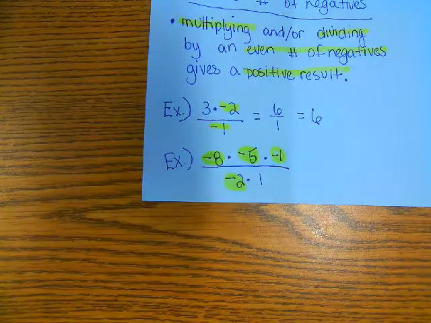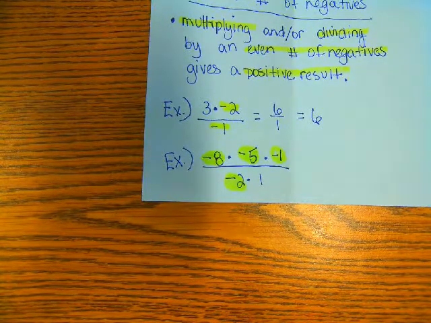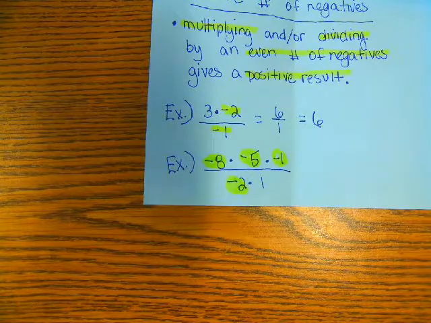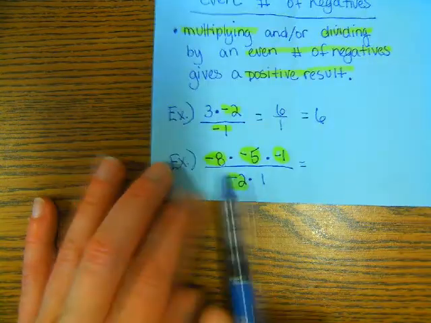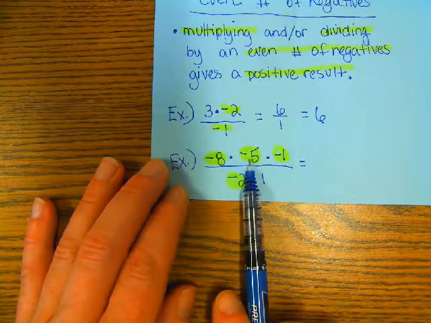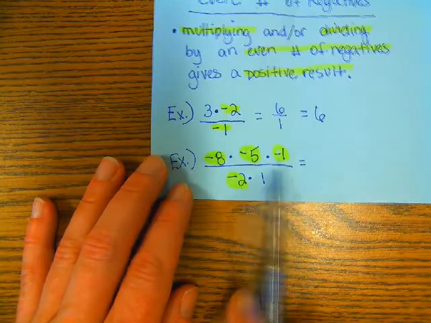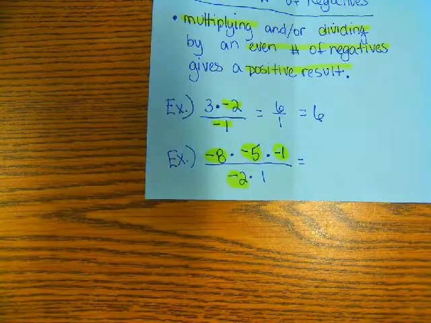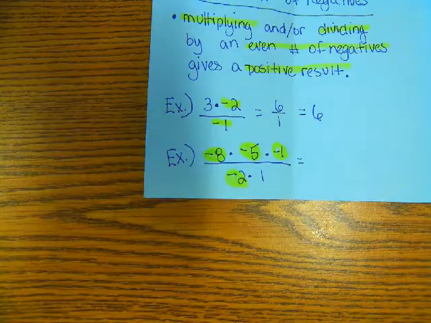Is that an even number? Yes. That means the result is going to be positive. And here's why. Now it's negative. Then I go here, it's the opposite of a negative, which is positive. Now it's negative again, but now it's the opposite of a negative. Instead of having to think through that every single time, if you remember the even thing, then it's simple. Even number of negatives, result is positive.